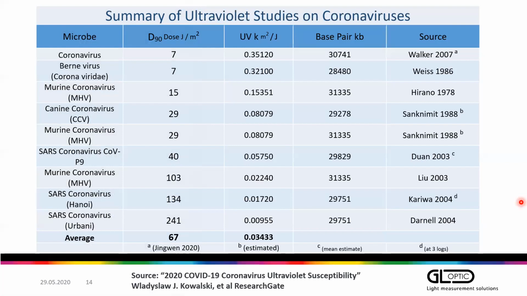This is something we can use as a reference point. Unfortunately, we will have to wait until the new studies are available on coronavirus, on COVID-19, but this is something we should be taking into consideration.